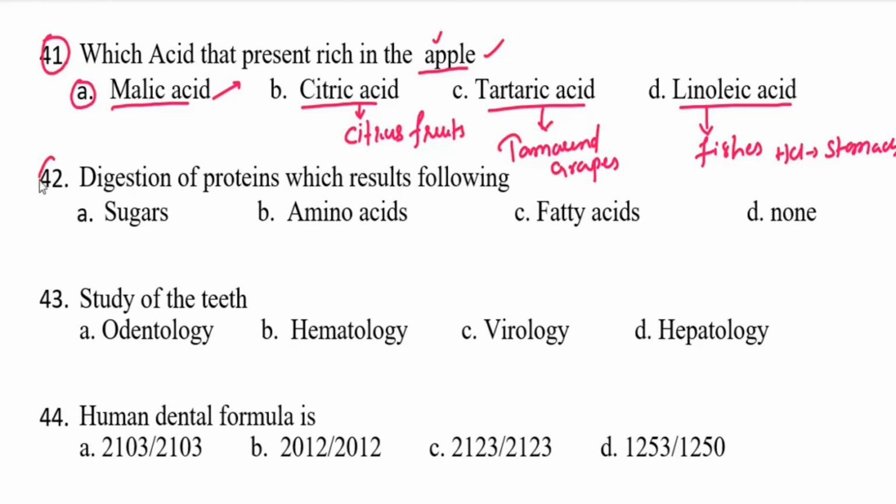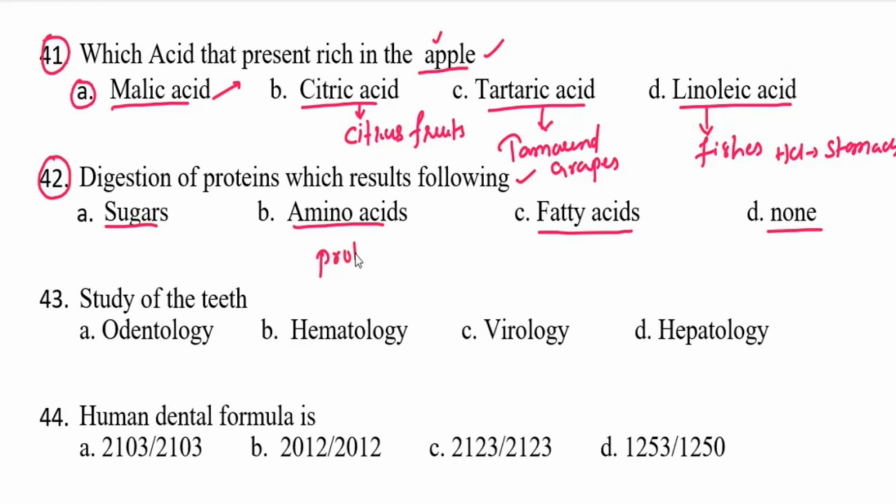Coming to the next question, 42: digestion of proteins results in the following. Digestion means breakdown of proteins, so which does it produce? The options given are sugars, amino acids, fatty acids and none.